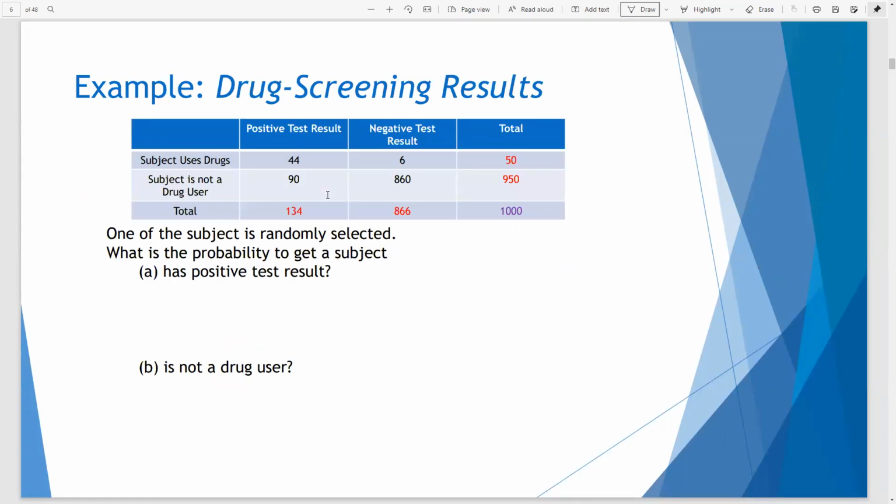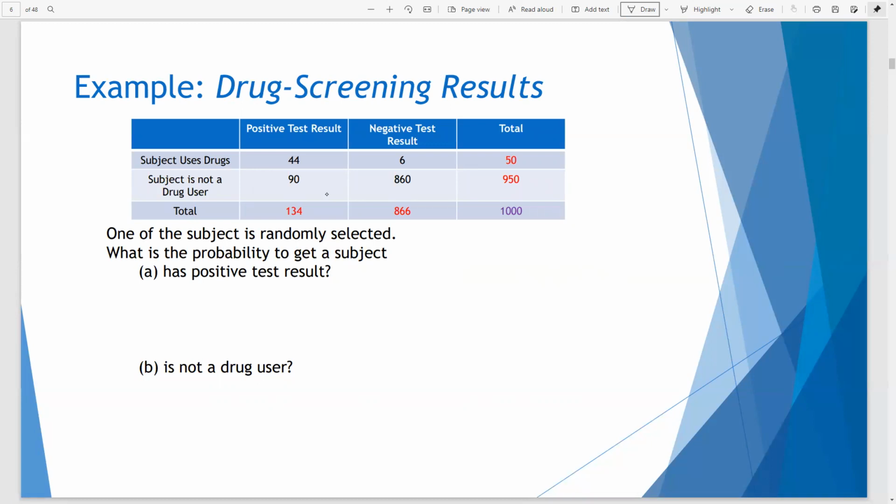Okay, so the two-way table is the first example we're going to see, the most simple type of problem. The two-way table here shows there are a total of 1,000 subjects in the drug screening test, and the results are here.